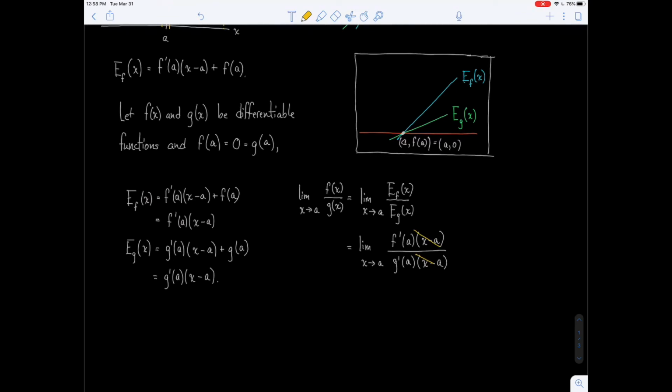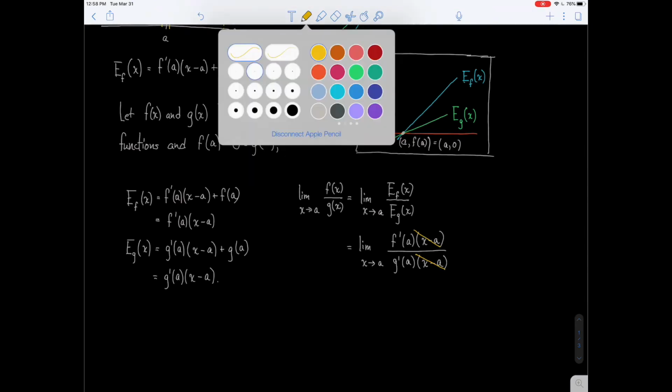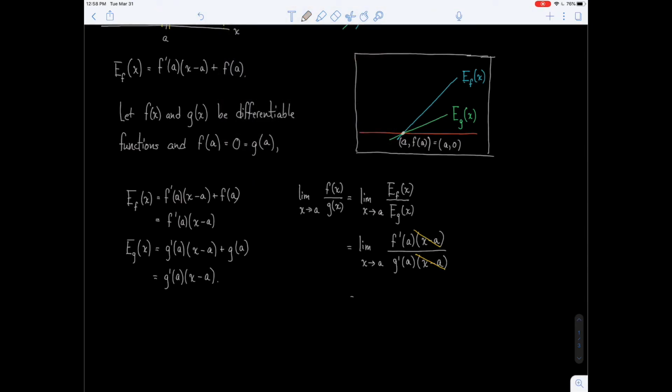It's just kind of rewarding. So I'm going to cancel the x minus A factor and then look at what I have. There's my result. This is equal to the limit as x approaches A of f prime of A over g prime of A.